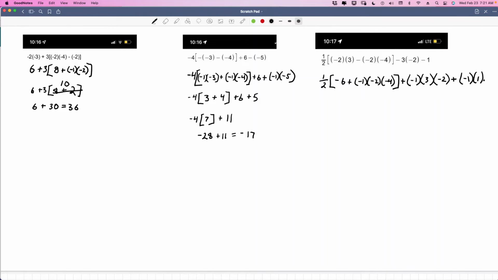So let's address all of these little multiplications that we have to do. So half, negative 6, and we have 1, 2, 3 negatives. When you have an odd number of negative signs, the answer is going to be negative.